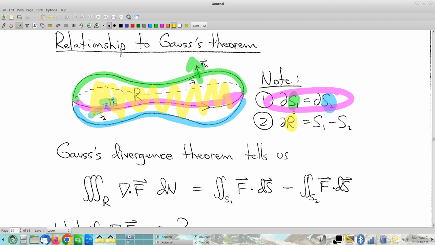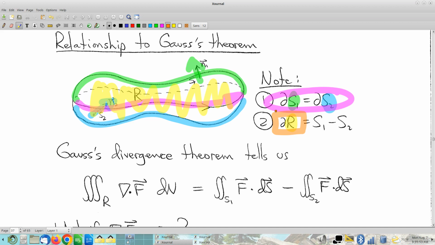If we ask, well, what's the boundary of that solid? Well, the boundary is these two surfaces, S1 and S2, right? But don't forget, when you say the word boundary, you talk about the boundary of a solid. Boundary means oriented in a particular prescribed way. Again, arbitrary but standard.